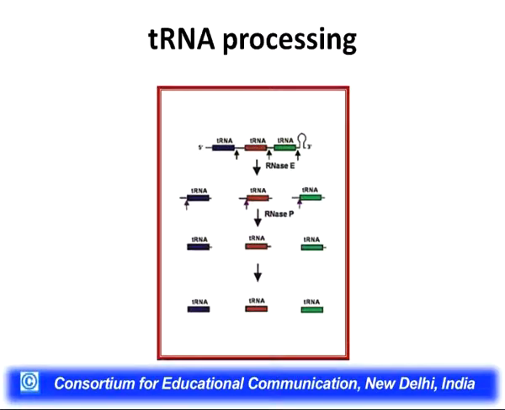This figure depicts how tRNA molecules are transcribed as a polycistronic unit, and after that ribonucleases, which are also represented as RNAs, carry out a cut at the 5' end of these individual tRNA molecules. So, this is the figure which shows how RNase P makes a cut at the 5' end of the polycistronic tRNA transcript.